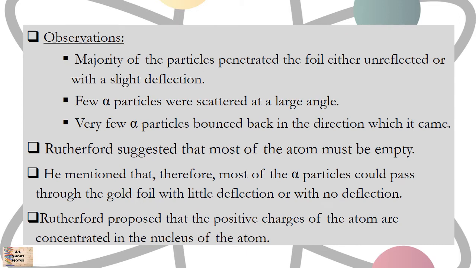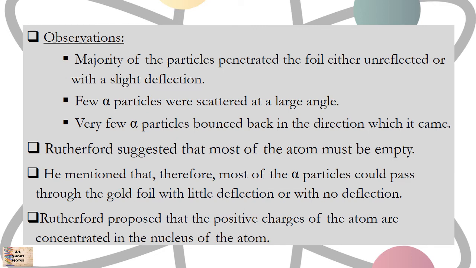Let's consider the observations of this experiment. The majority of the particles penetrated the foil either undeflected or with a slight deflection. Few alpha particles were scattered at a large angle. Very few alpha particles bounced back in the direction from which they came.